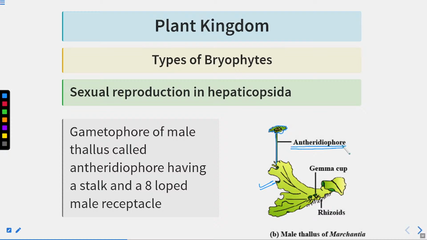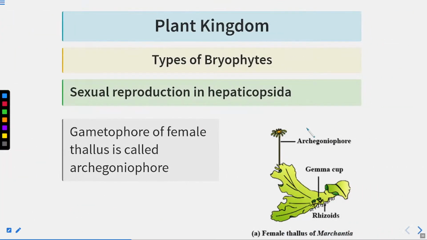This is the antheridiophore, and in the antheridiophore, antheridia are present, right? The antheridiophore has a stalk and an 8-lobed male receptacle, and each receptacle has antheridia.